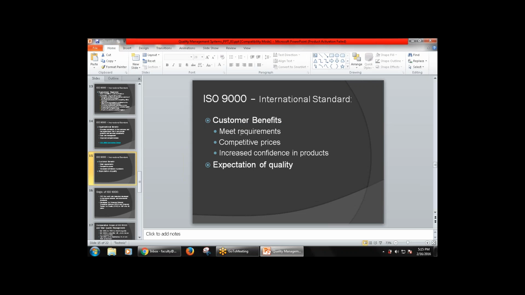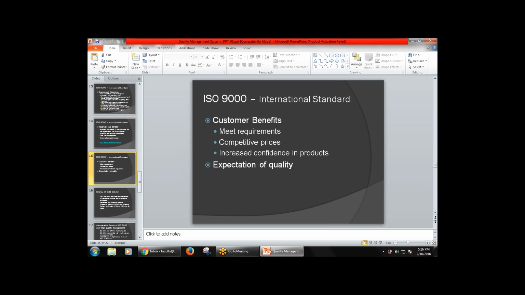So these are the various customer benefits of the ISO 9000 standards. The first is meeting the requirement, so ISO meets the requirement of the customer. Then there are competitive prices, so the prices are also handled, and we can see variations in the prices in the market by using the ISO 9000 standard.